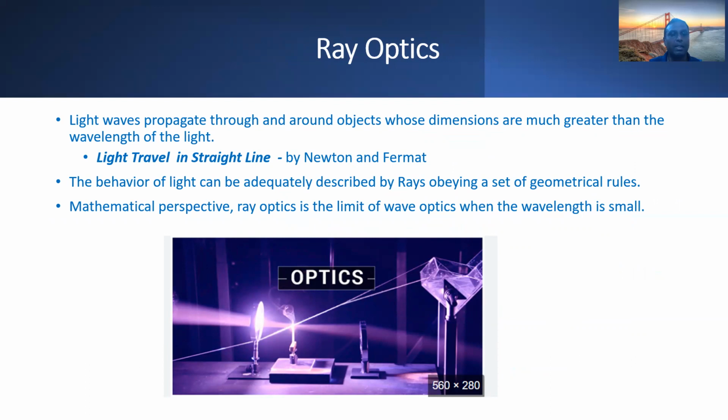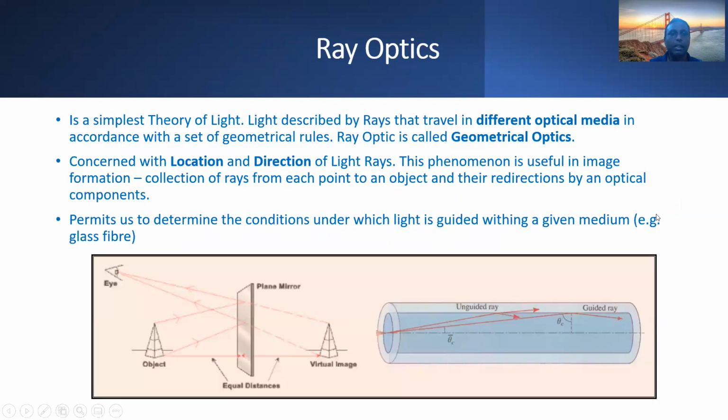From a mathematical perspective, ray optics is the limit of wave optics when the wavelength is small. Ray optics is the simplest theory of light. Light can be described by rays that travel in different optical media in accordance with a set of geometrical rules. Ray optics is also called geometrical optics.